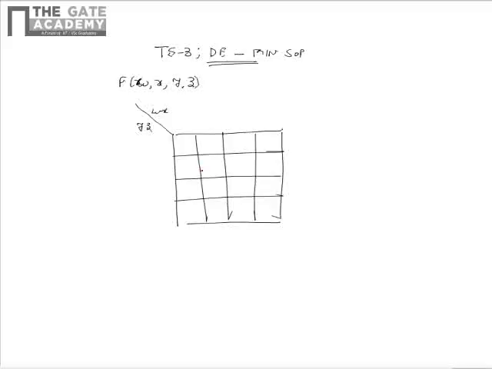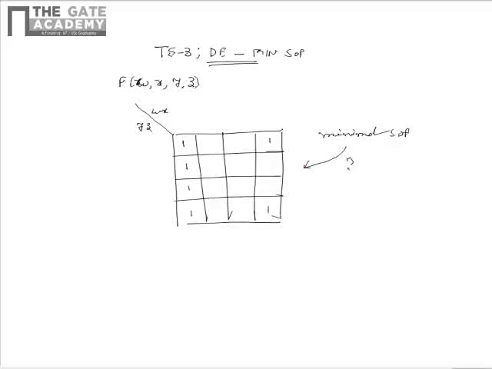As per the table given, the entries are 1, 1, 1, 1 in these positions, and there are 2 ones at the right hand side corners. We need to find the minimal SOP expression representing this table.